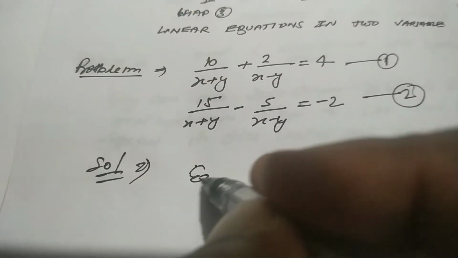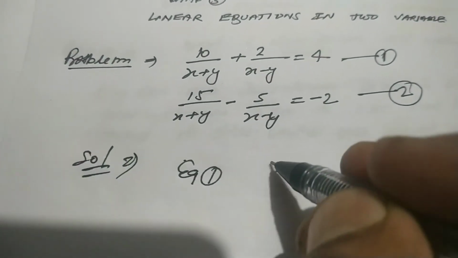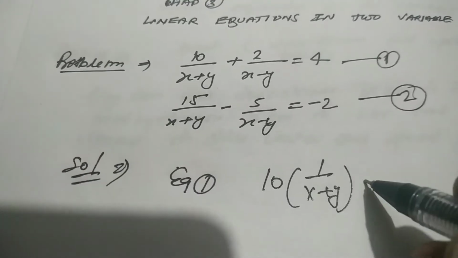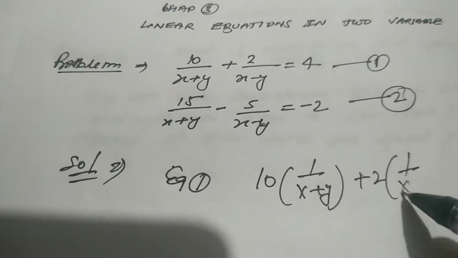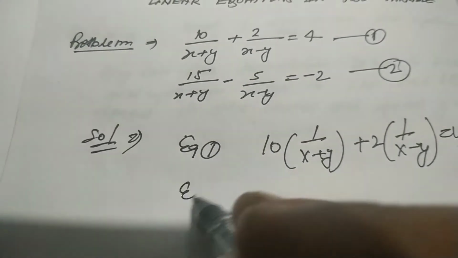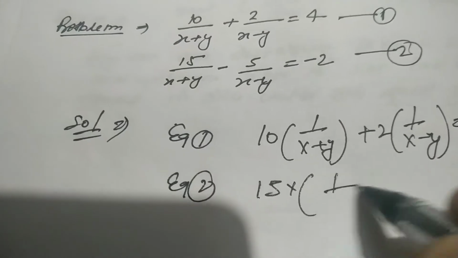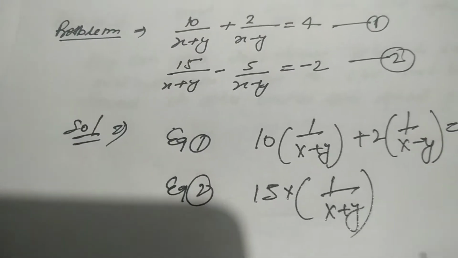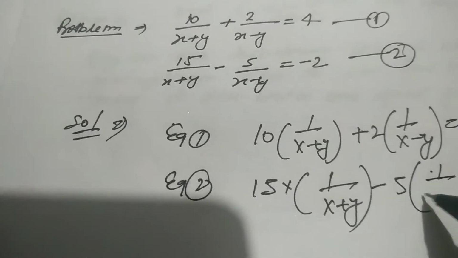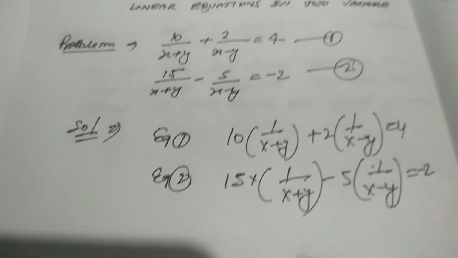Now equation 1 can be written as 10 into 1 upon x plus y plus 2 into 1 upon x minus y is equal to 4. And equation 2 can be written like this: 15 into 1 upon x plus y minus 5 into 1 upon x minus y is equal to minus 2.